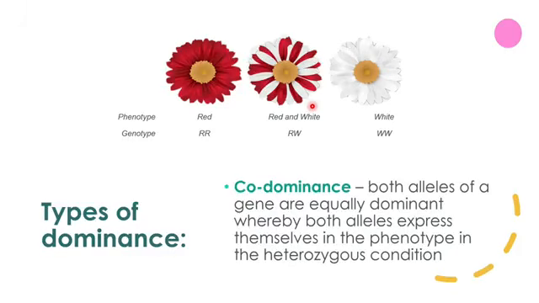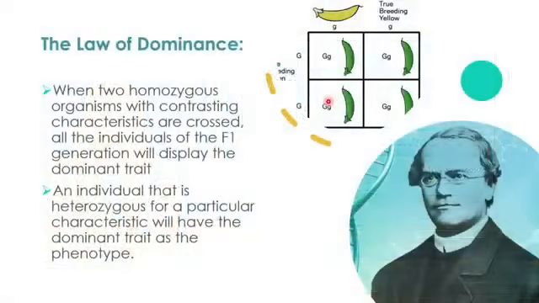All right, so with genetics, we are also going to look at a very important scientist, and his name was Gregor Mendel. He is known as the father of genetics, and he came up with a few laws that sort of, in his words, explain genetics.